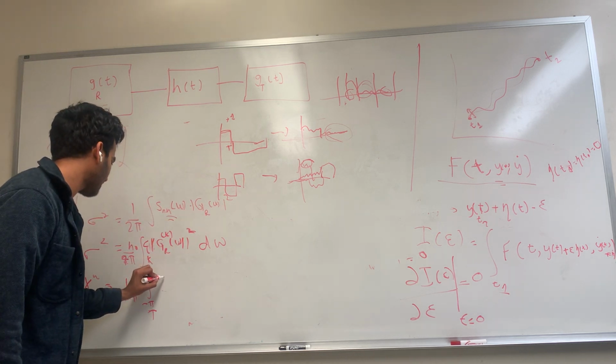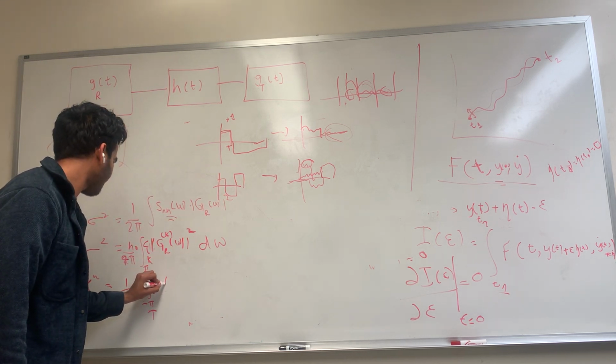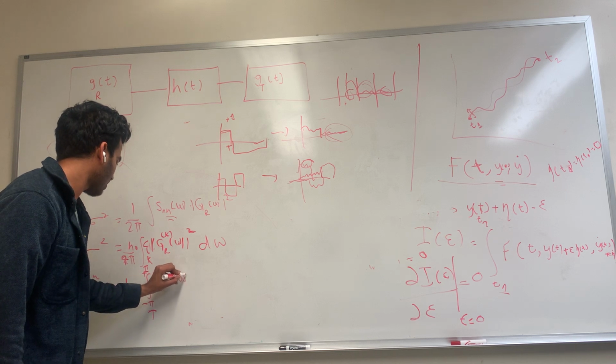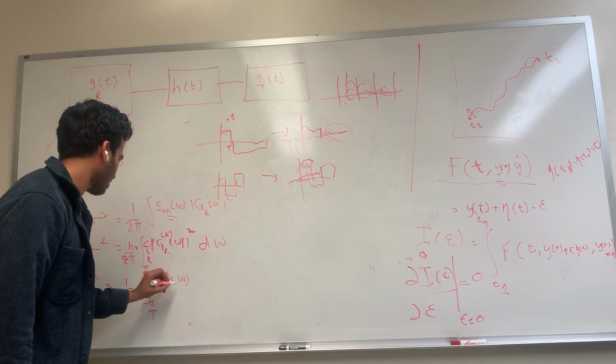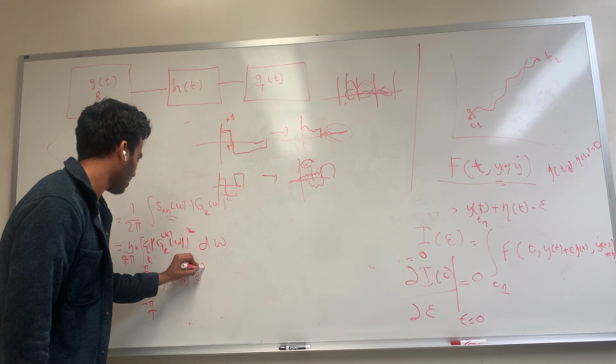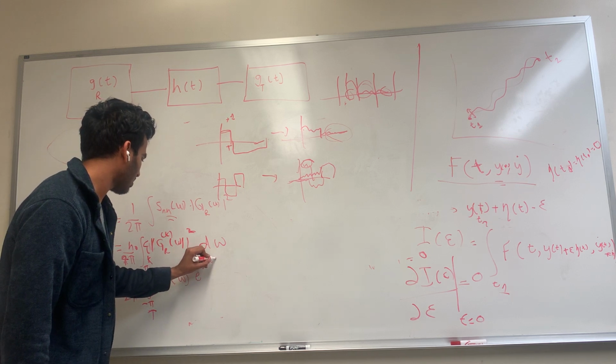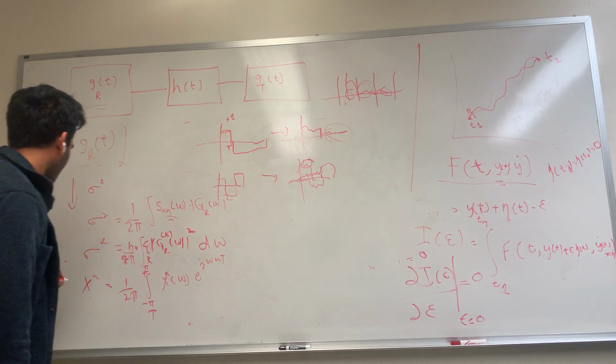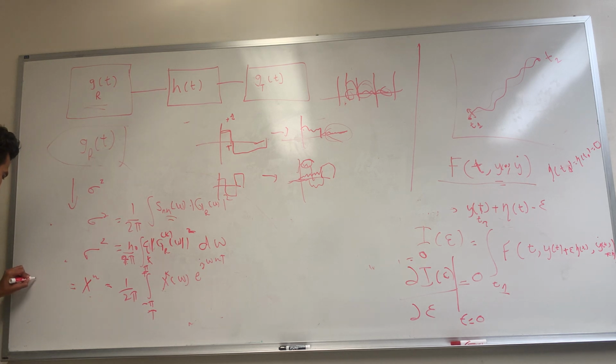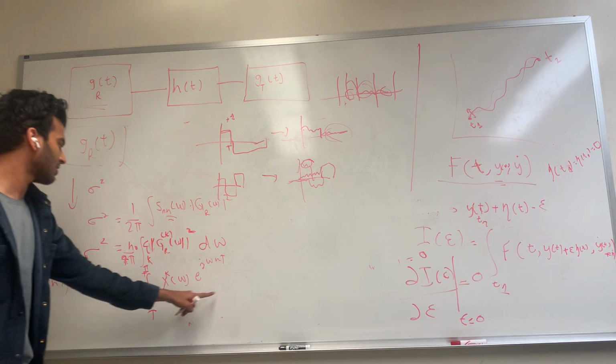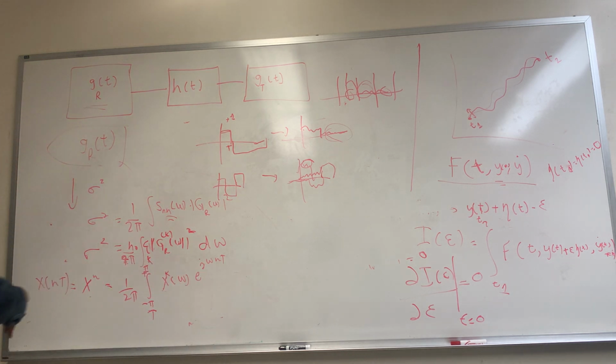We're going to get this: x_n is equal to x of nT. So we just took the inverse Fourier transform of this.